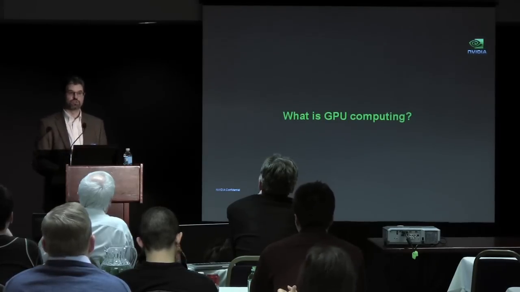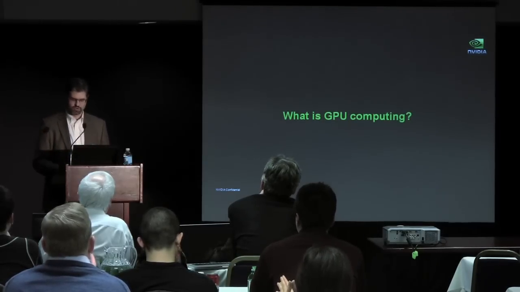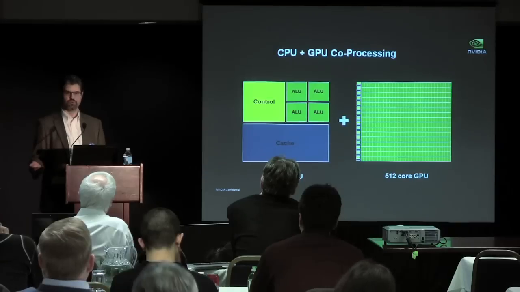So what is GPU computing? What is CUDA? Why is it special? What we really are isn't just GPU computing. What we really are is CPU plus GPU computing. We take full advantage of the fact that the CPU is a pretty incredible piece of hardware. It can do almost everything reasonably well.